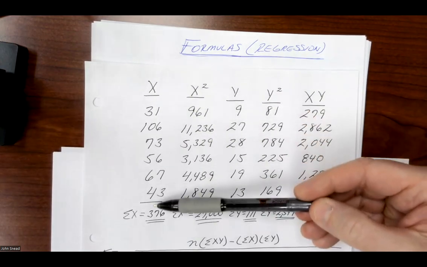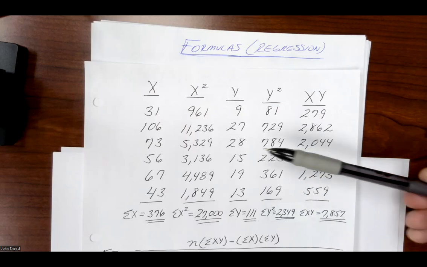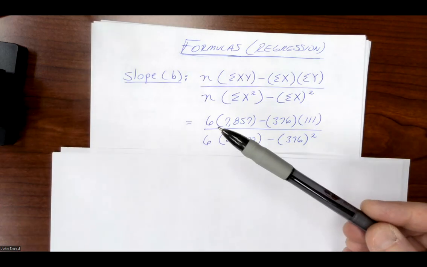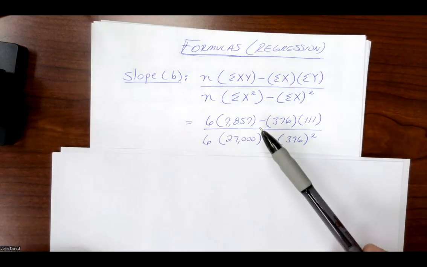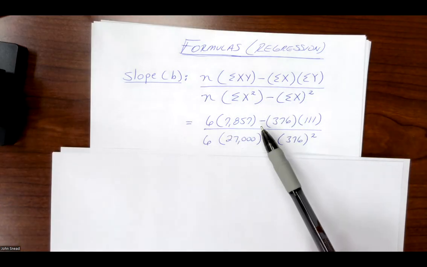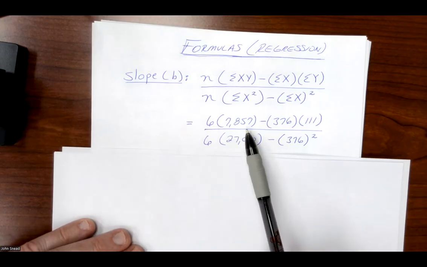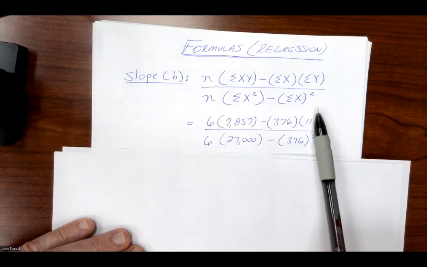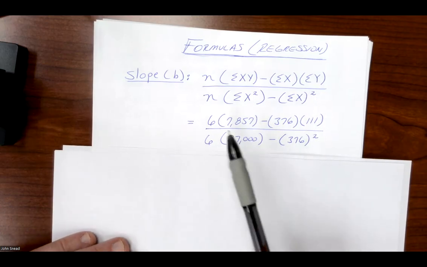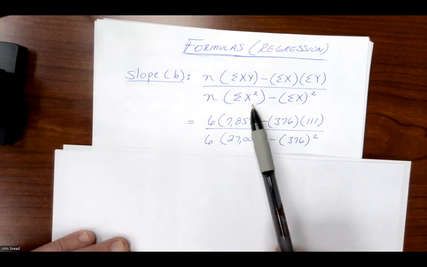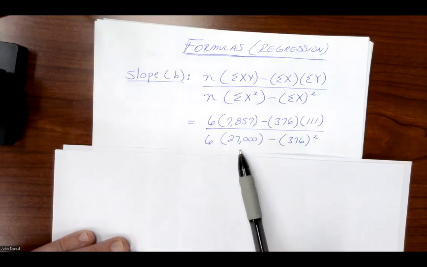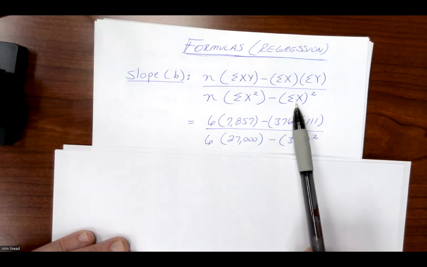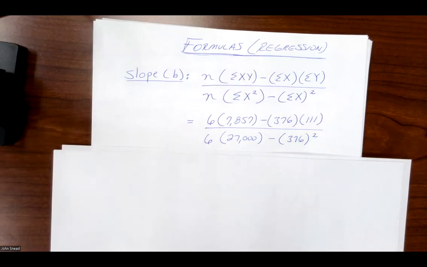So all I'm doing is taking the data that we already have and plugging it into this equation. We had 6 data points, and the sum of x times y was 7857. So we take 6 times 7857 minus the sum of x, which was 376, times the sum of y, 111, over the same 6, over the sum of x squared. The sum of x squared was 27,000, minus the sum of x squared, that would be 376 squared.